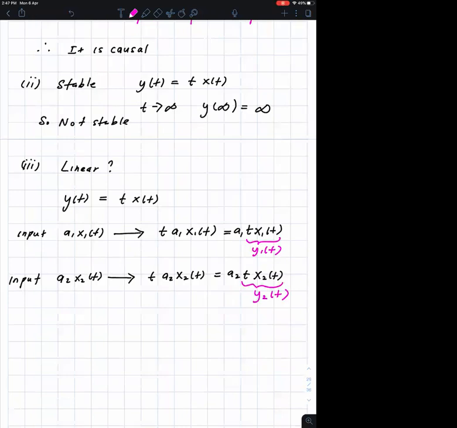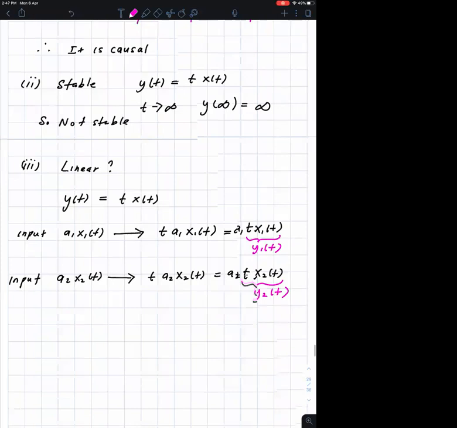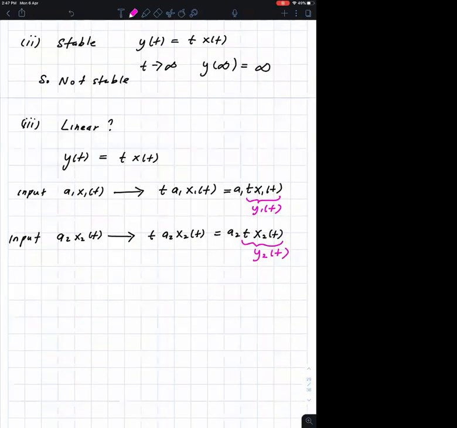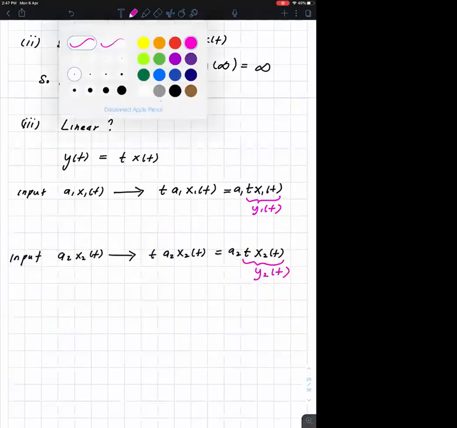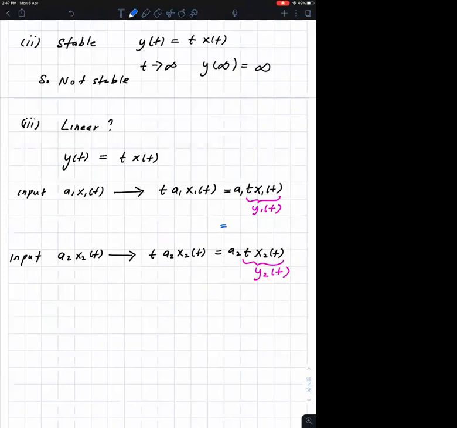So the individual input is producing an output that's a1 y1(t), and this input is going to produce a2 y2(t).